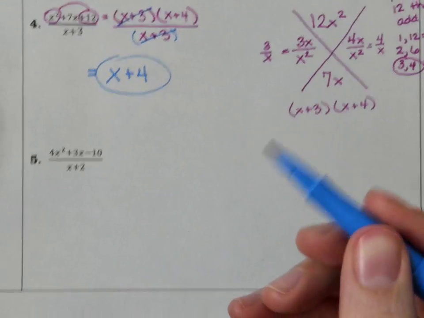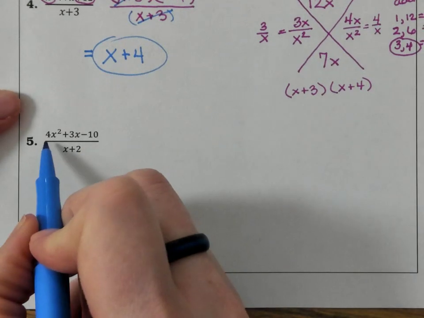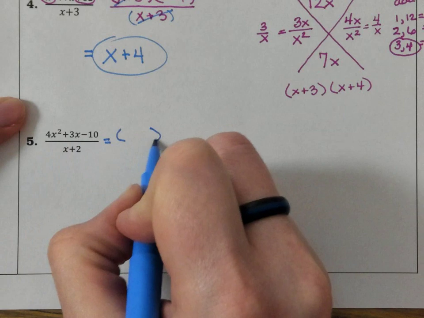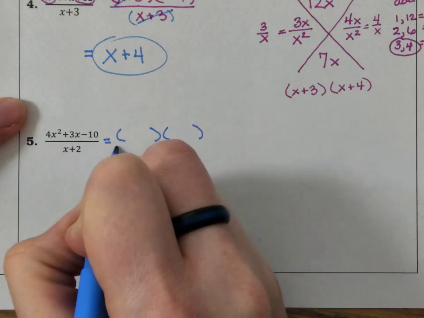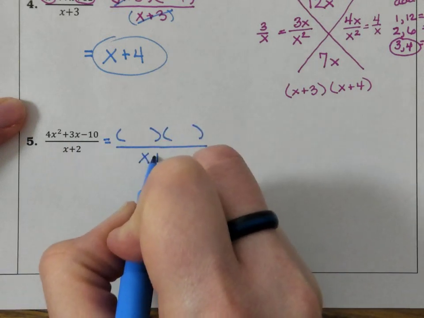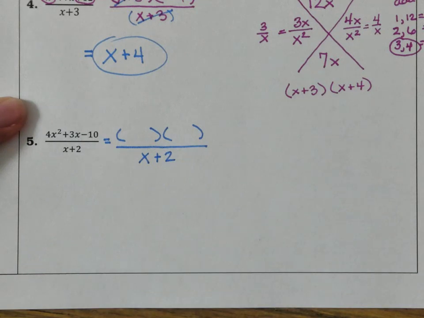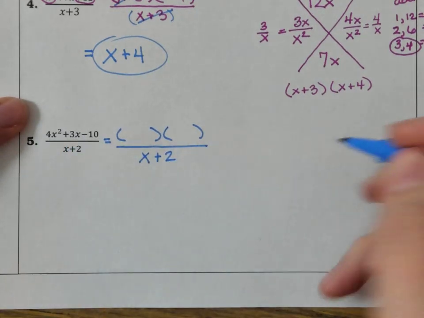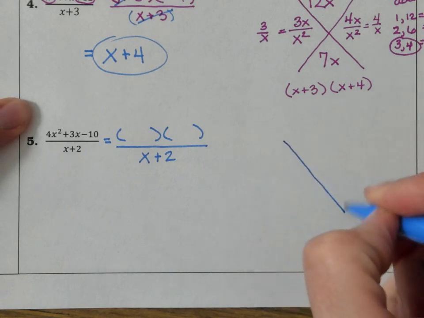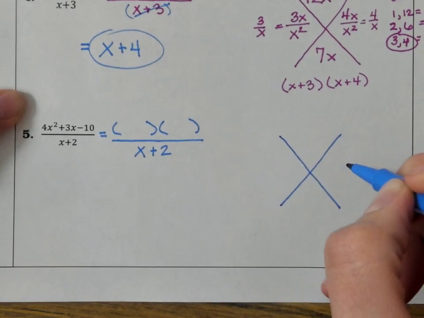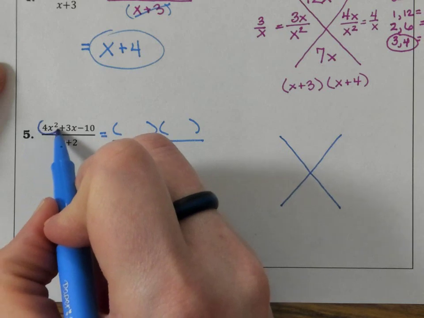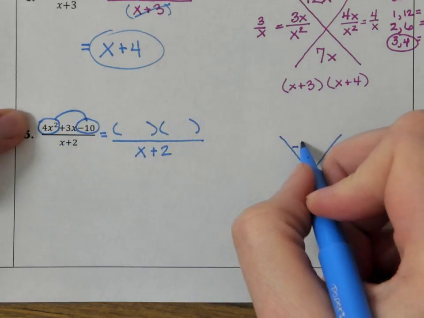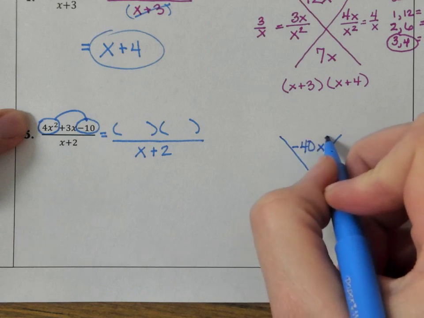Okay, number 5. Again, we're going to change the top to two sets of parentheses divided by x plus 2. Okay, and I don't have a greatest common factor, so I'm just going to come over here. And we're going to multiply first term times last term, which is negative 40x squared.